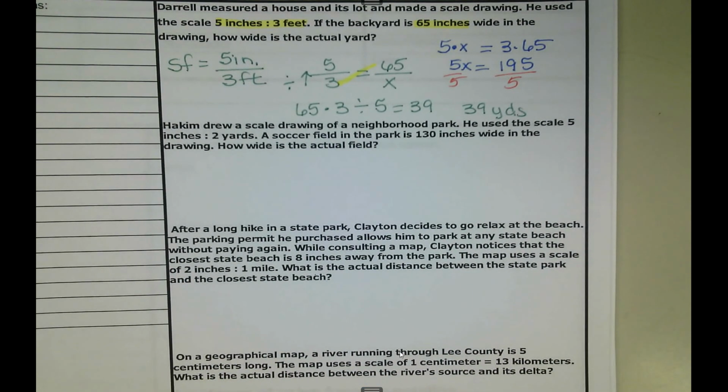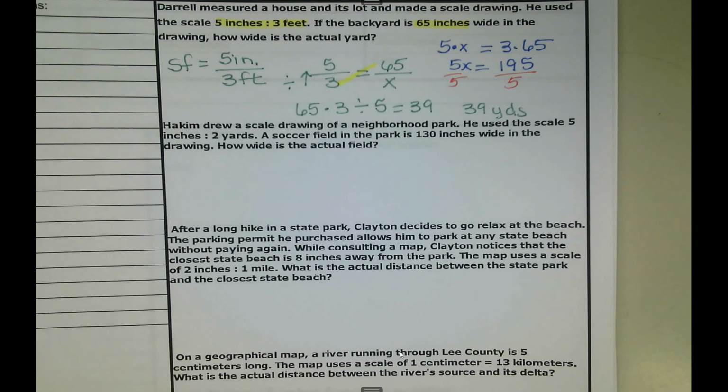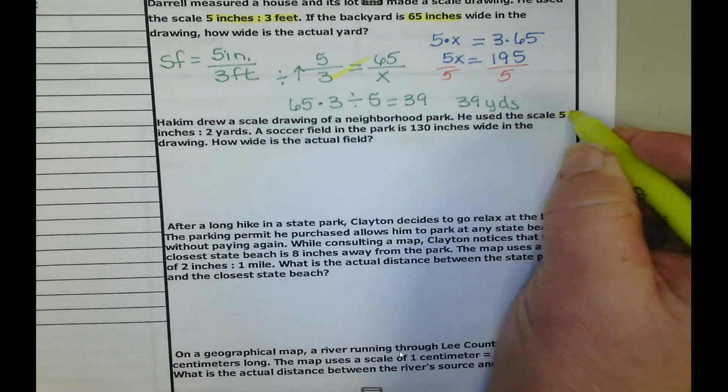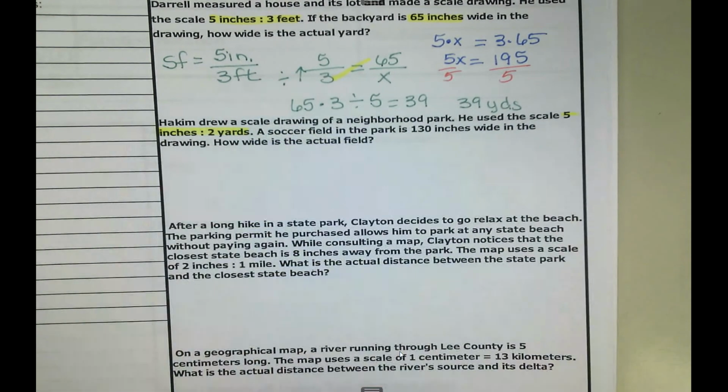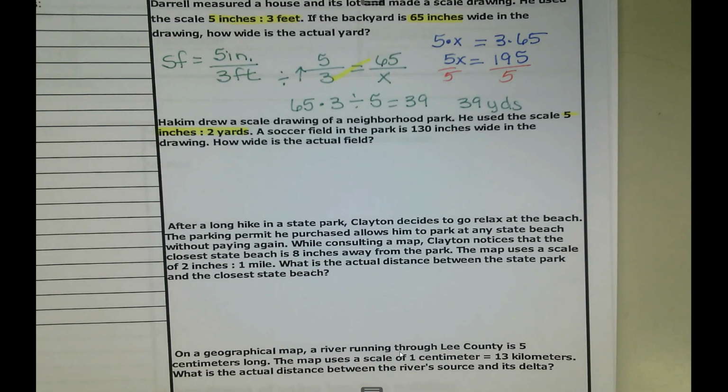Okay, let's do the next one together, and then we'll see if you can do the last two on your own. Haycom drew a scale drawing of a neighborhood park. He used a scale of 5 inches is equal to 2 yards. A soccer field in the park is 130 inches wide in the drawing.